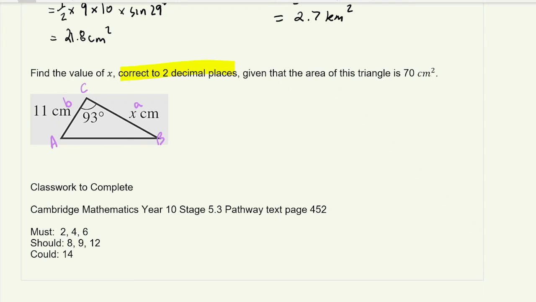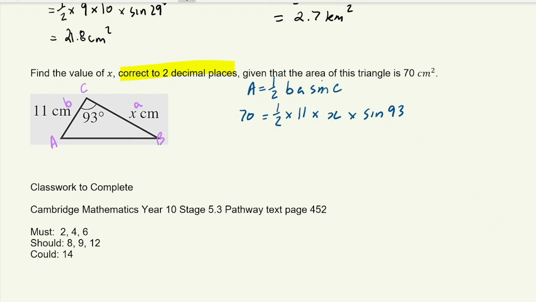All right. Let's grab out our formula now. And plug in what we know. We actually know the area, which is 70. And then we're going to go times 11 times x times sine of 93.